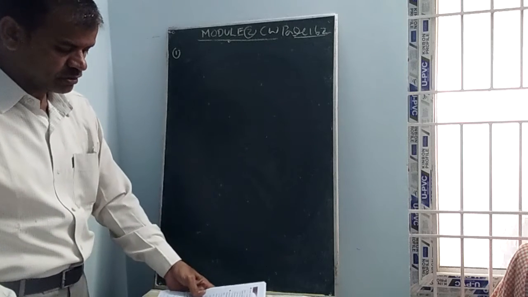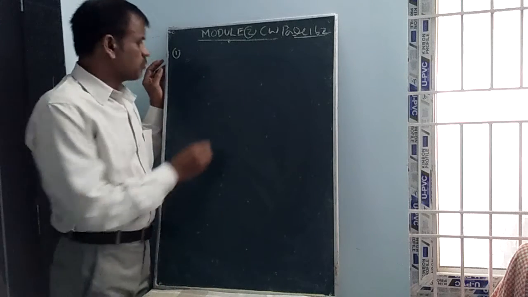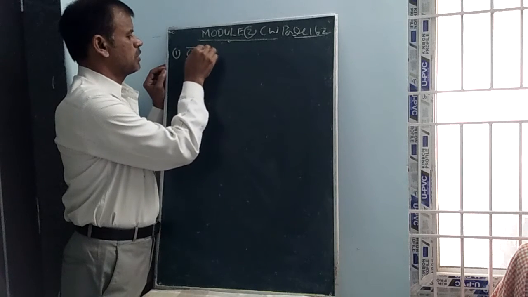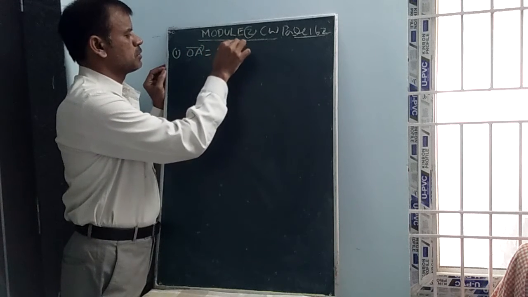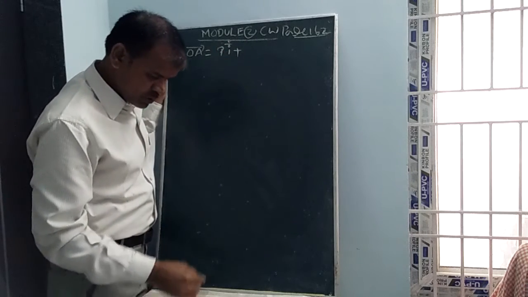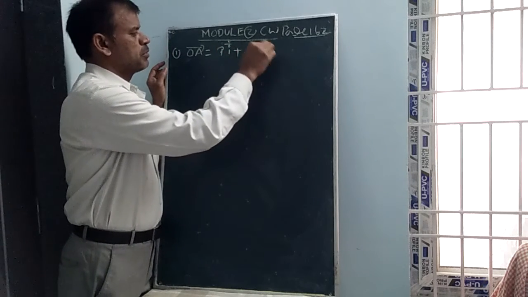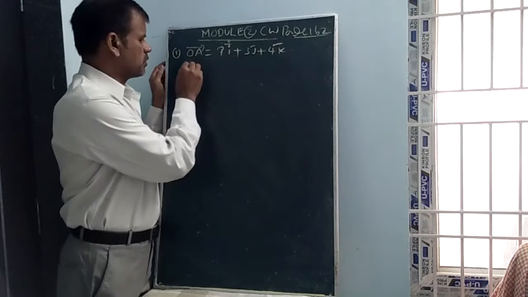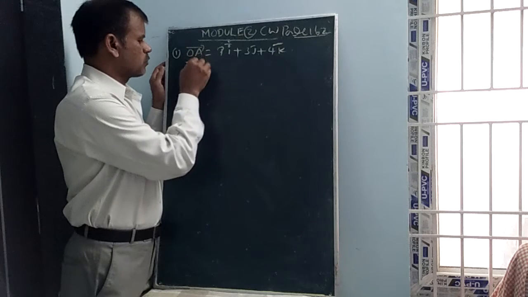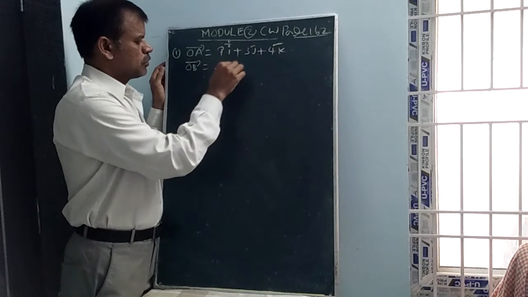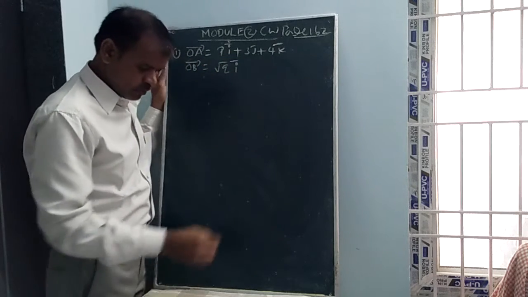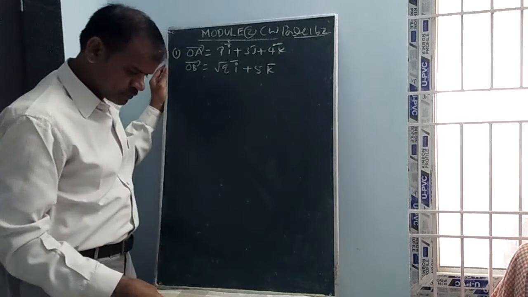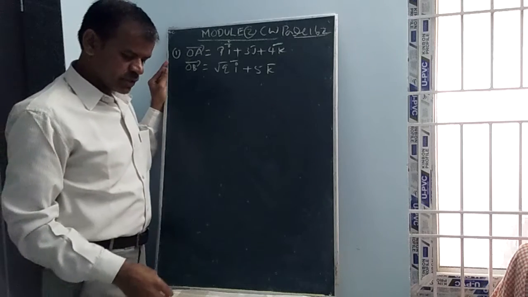Let OA bar be equal to Pi plus 3j plus 4k, and the other vector OB bar be equal to root q into i bar plus 5k bar, where the lengths of the vectors are equal.